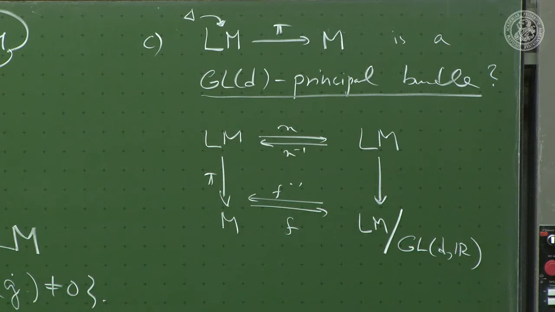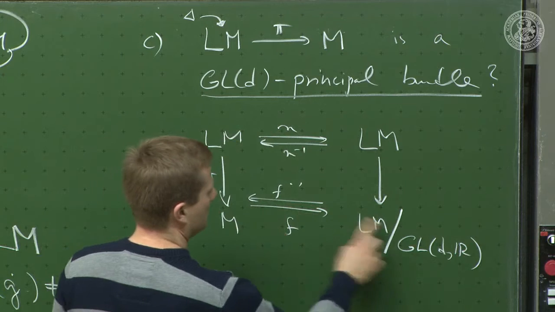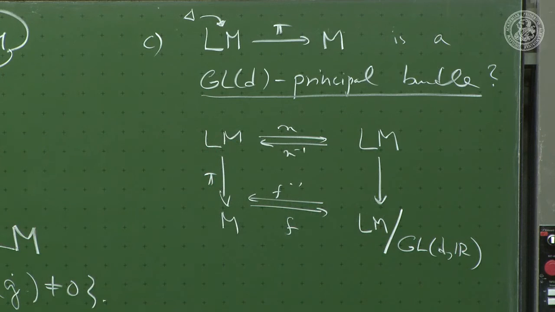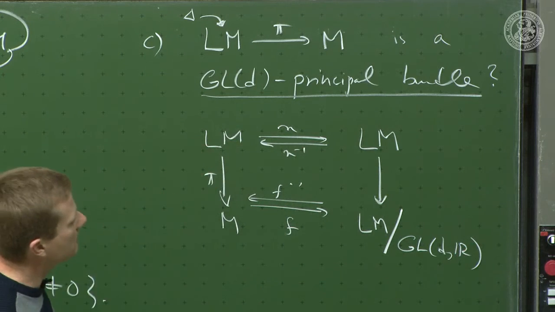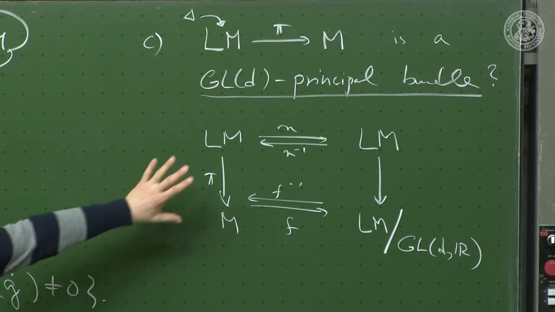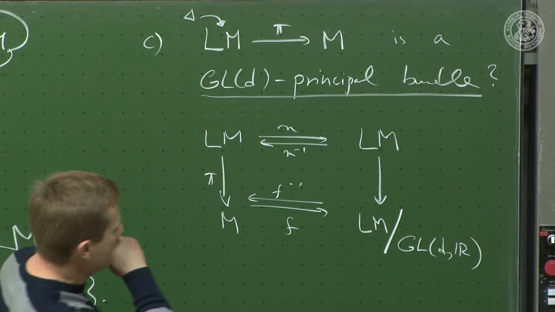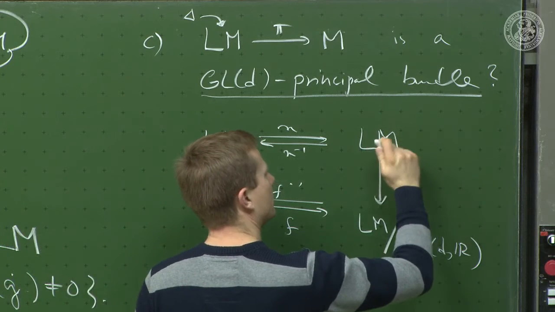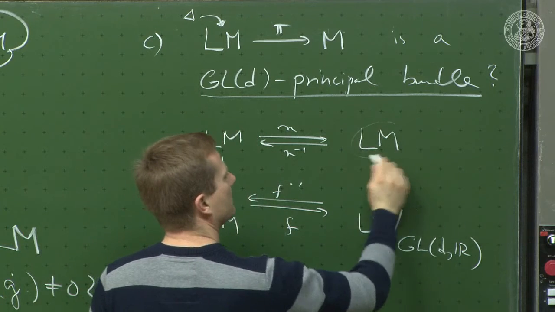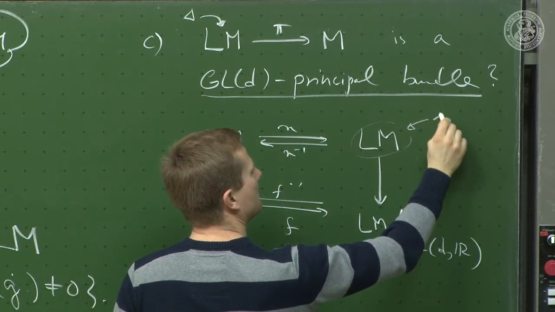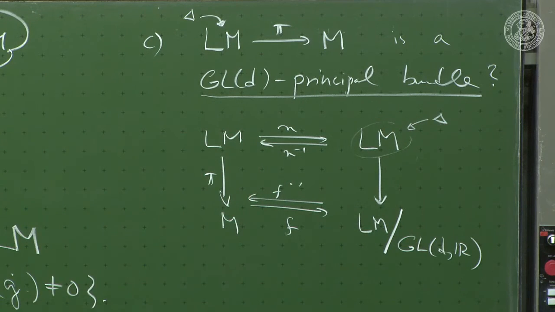And if there is such an isomorphism UF between these two bundles, then you call this guy a principal G bundle. And of course, in order to check this, the action must be defined on this LM.